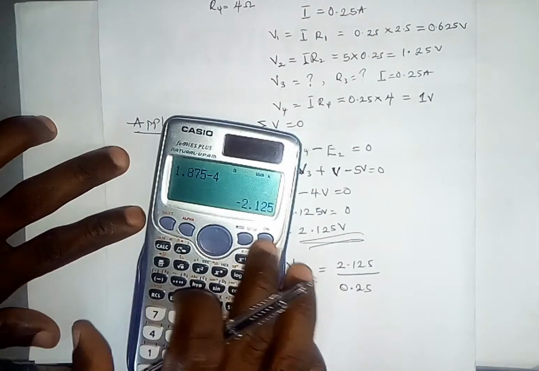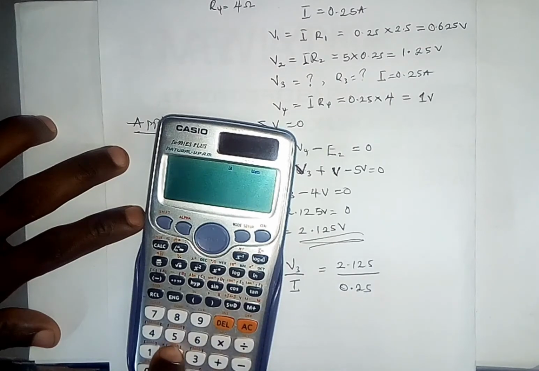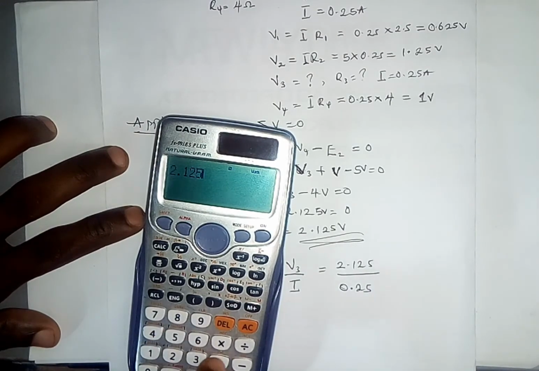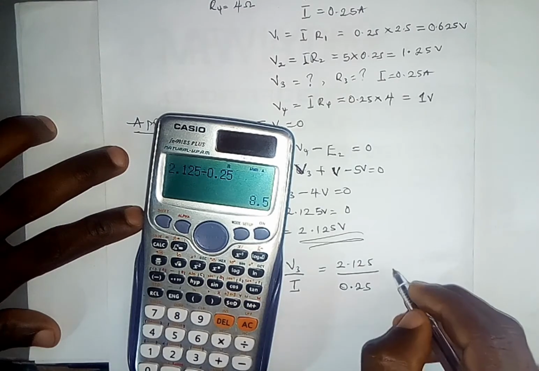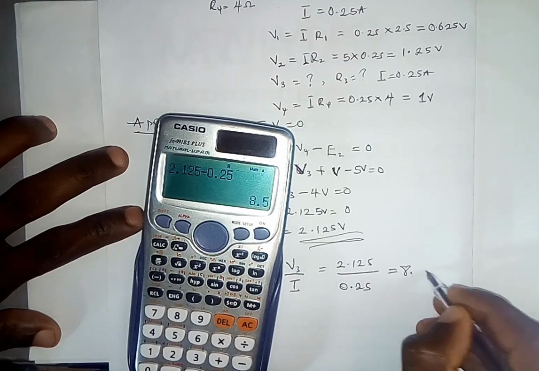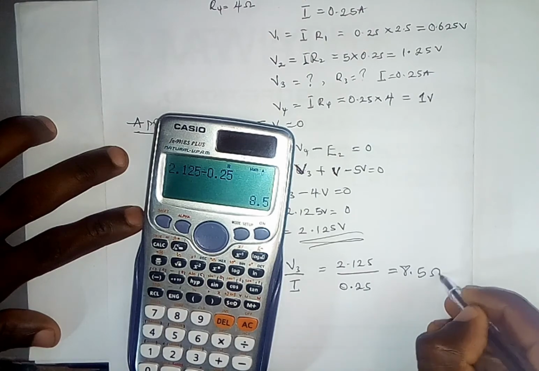So let's punch our calculator together. I'm going to have 2.125 divided by 0.25. So our answer is finally 8.5 ohms.